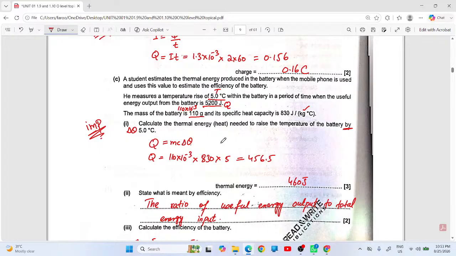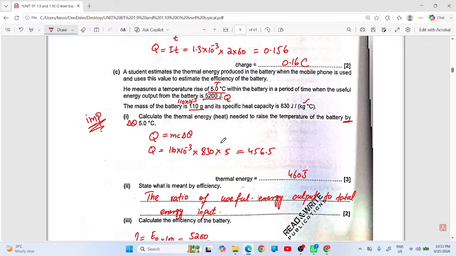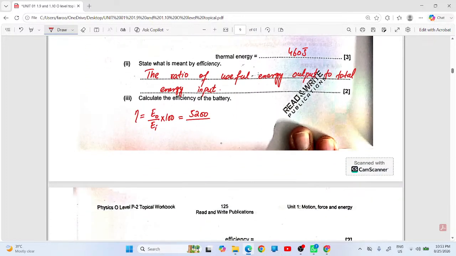When the useful energy output of the battery is 5200, input is 460 plus 5200. So 5200 over 460 plus 5200, multiplied by 100. 91.87.